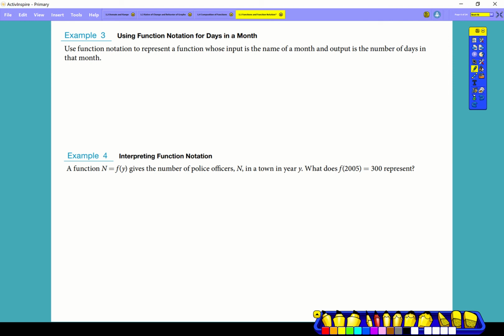Okay, using function notation for days in a month. Use function notation to represent a function whose input is the name of the month. So that's the domain, our x's, and the output is the number of days in that month. So that's our range, that's going to be our y's. So function notation dictates that this is what it looks like.